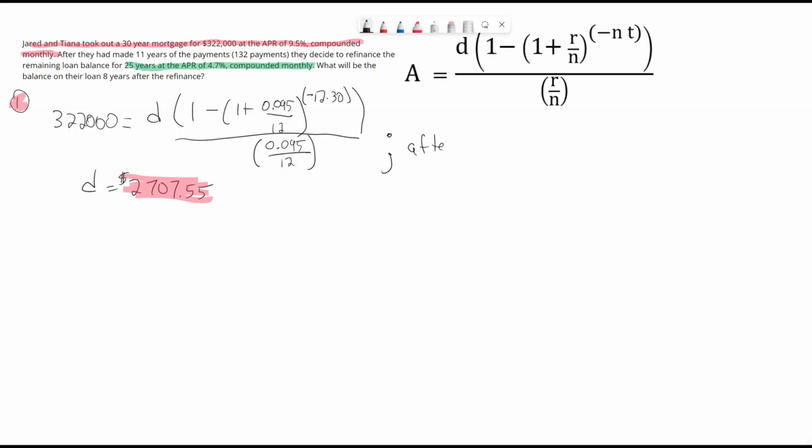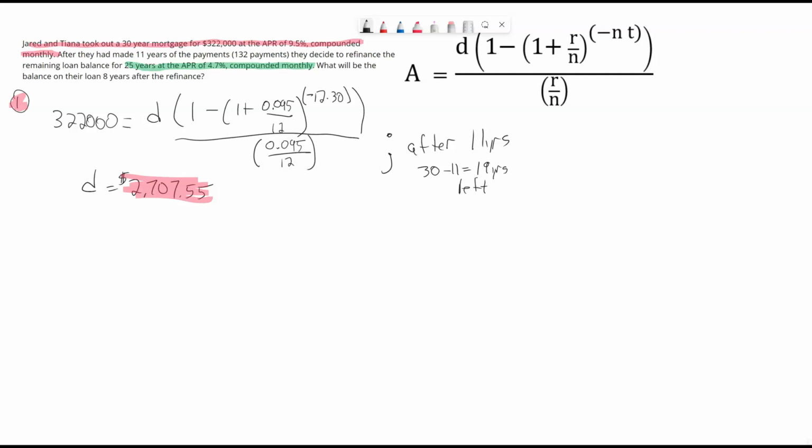after 11 years, there are still 19 years left. So we actually still owe 19 years worth of payments at this $2,707.55.